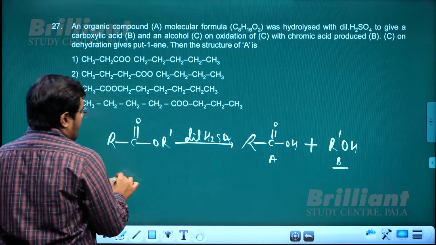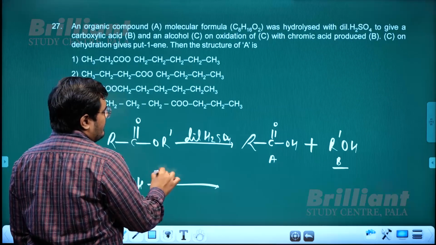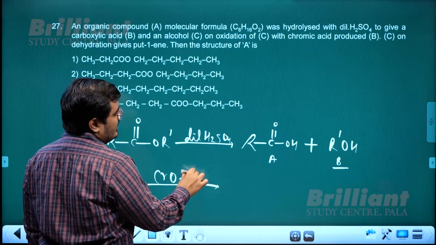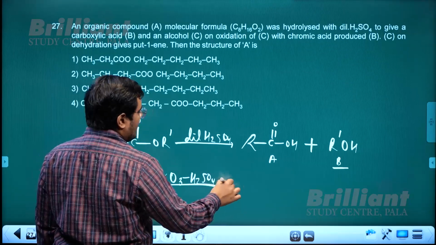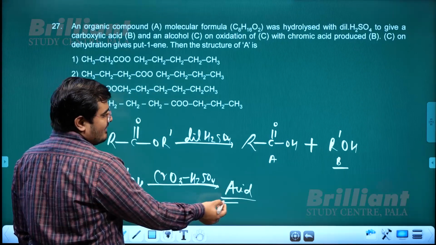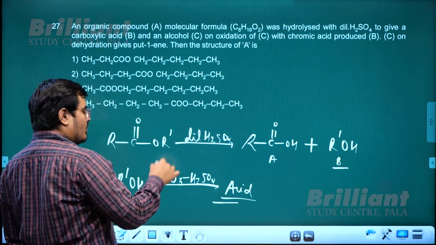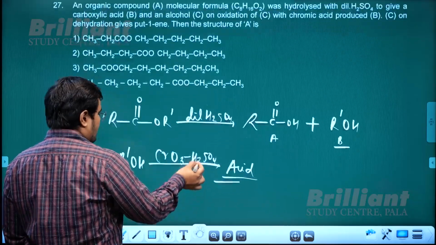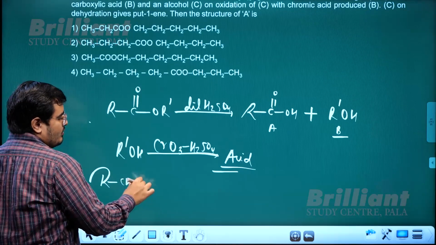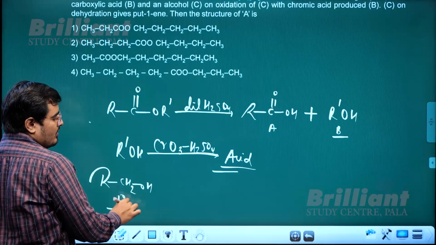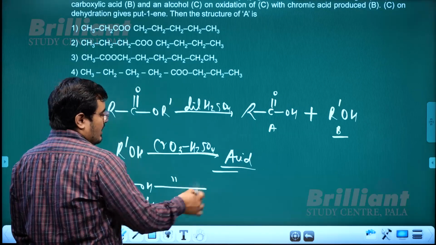They are saying this alcohol R'OH, if I oxidized it with chromic acid, let's say CrO3 in H2SO4, it was converted into an acid, and this acid was actually the same as B. That is, C on oxidation gives, for example, if I am having an alcohol as RCH2OH, it has to be a primary alcohol only, because only a primary alcohol on oxidation will give a carboxylic acid.